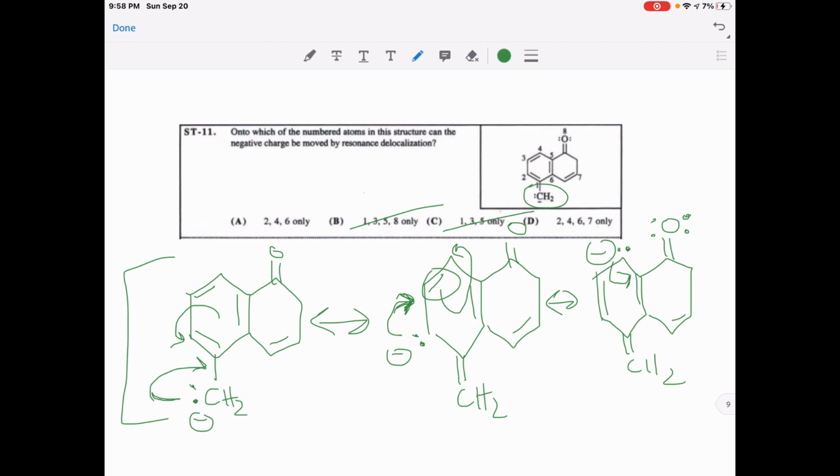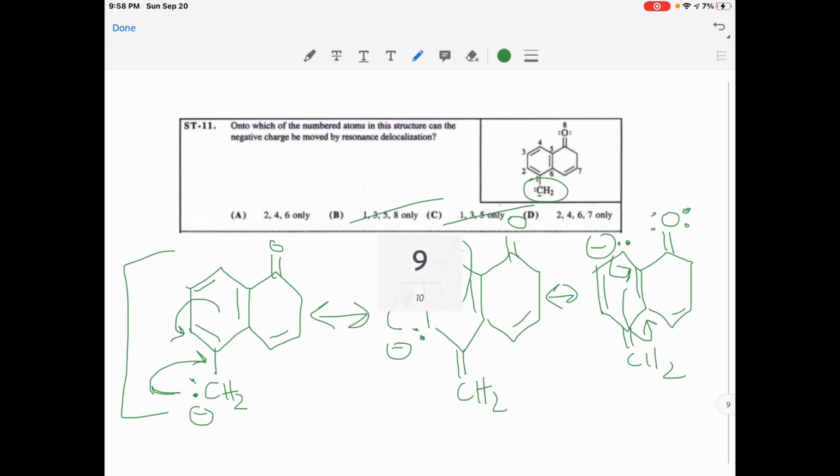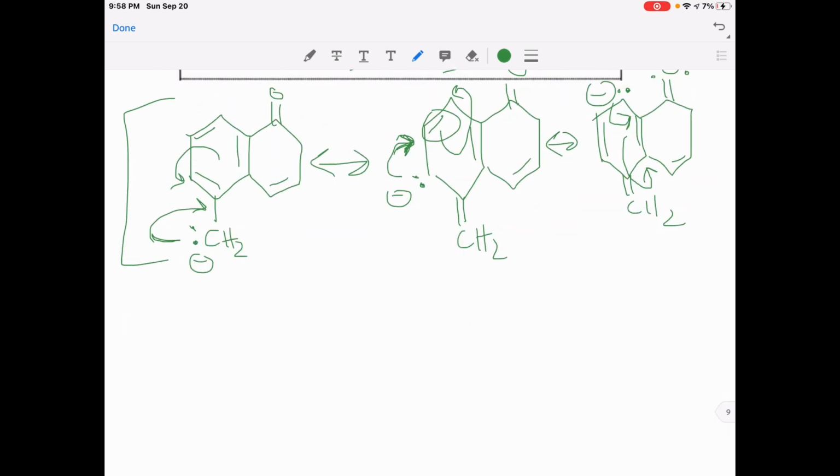Okay. We can move this pair up here, down there, and we get an additional resonance state.